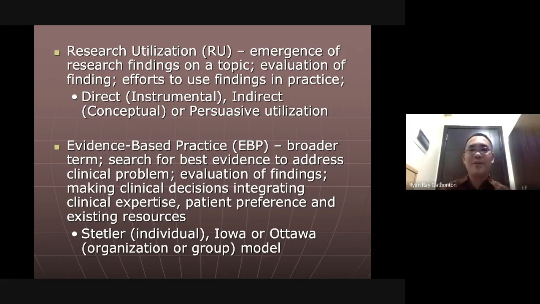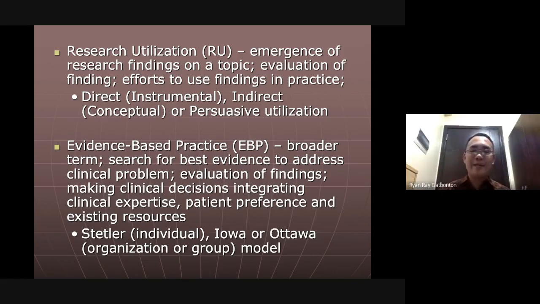You try to use these findings to evaluate your own practice. It can be direct, yung direct mong gagamitin, or indirect, conceptual or persuasive utilization. So when you utilize it, you develop your own EBP or your evidence-based practice.